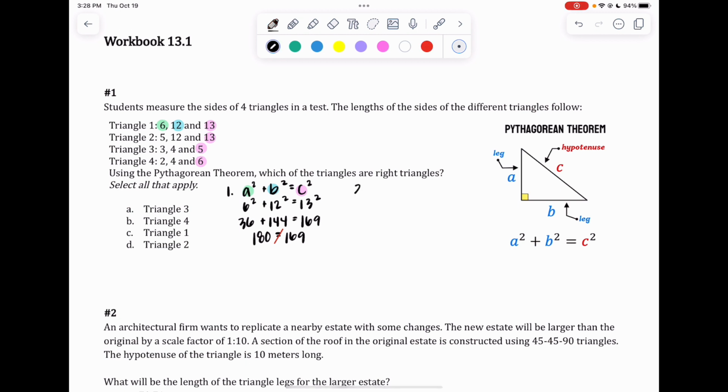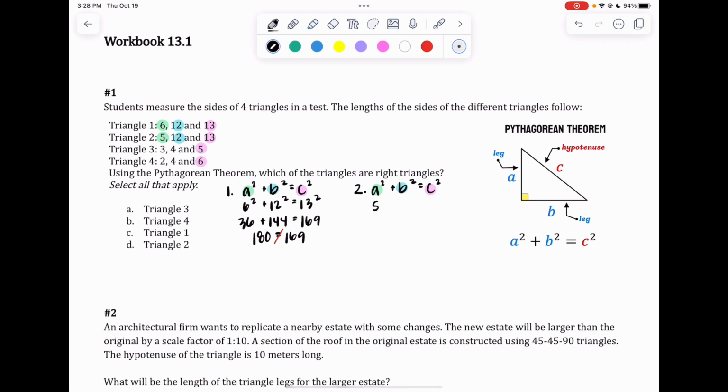And then triangle number 2, I'm just going to copy this over. But we'll approach it the same exact way. So all 4 triangles will check the same way. For triangle 2, one leg is 5, one leg is 12, and the hypotenuse is 13.